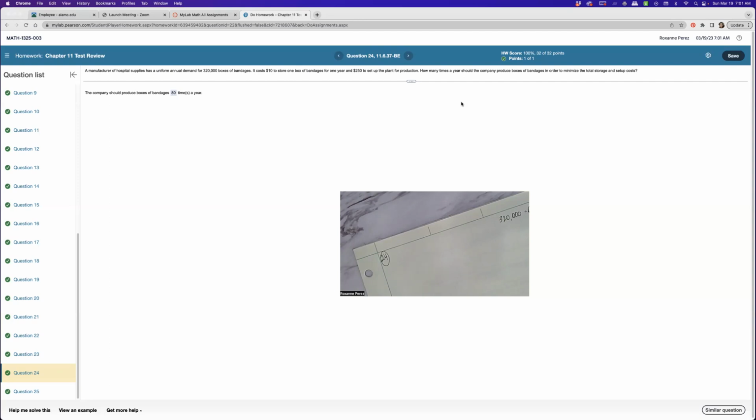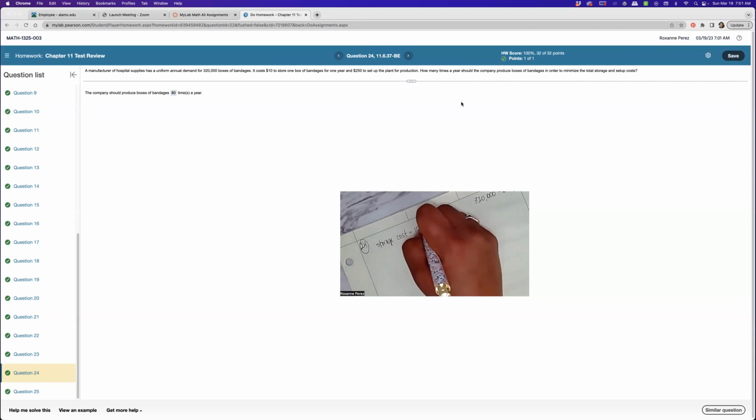Excuse me. So the first thing we're going to do is set up our storage cost. And that's going to be the $10 to store a box times your average quantity per year.